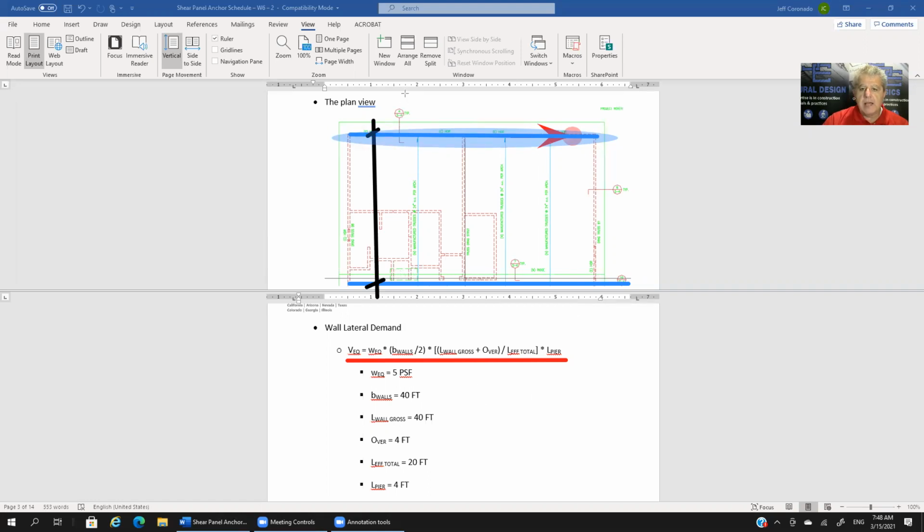Then notice how we are also adding what we are calling O sub VER. That refers to the overhangs.